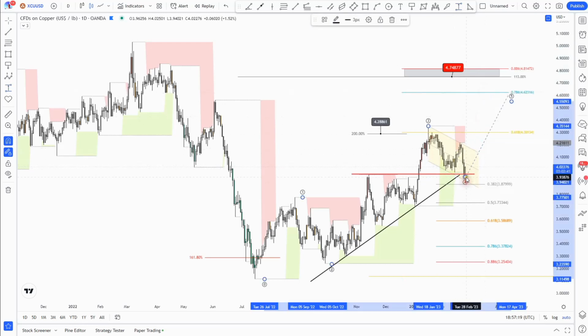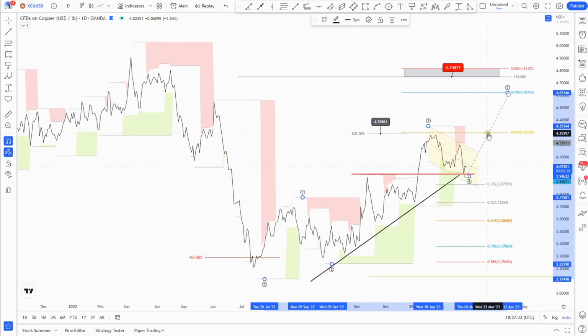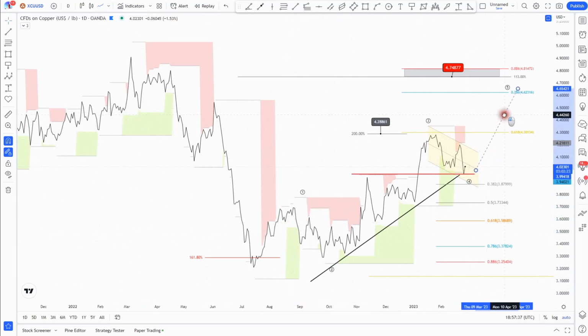So if this is the 4th wave, and we can expect a move forming the fifth wave, and if we project the fifth wave equal to the first one, we may see copper trading at 462, 463, the 78.6% Fibonacci retracement level.